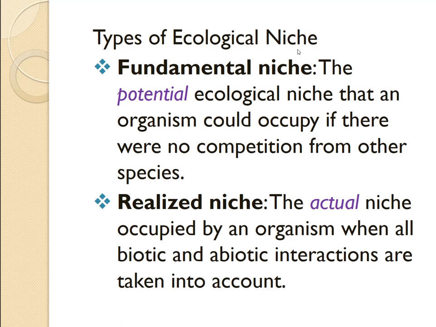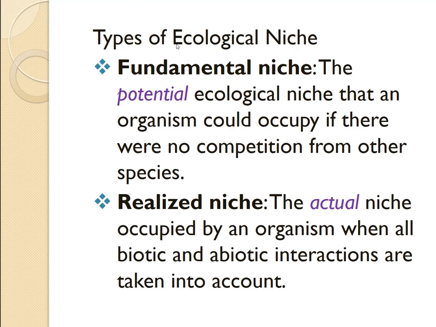For example, in the previous slide, the niche of trees in the tropical rainforest: what is their task, their responsibility, or their main contribution in the tropical rainforest? One of the niches of trees in the tropical rainforest is to absorb sunlight for photosynthesis, to protect the ground, and many others. Okay, so that is niche.